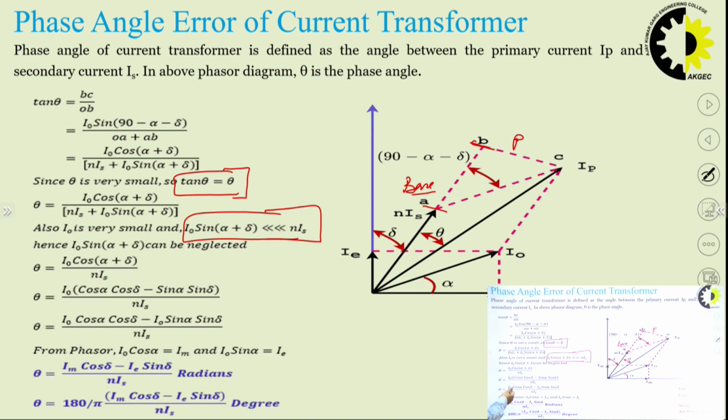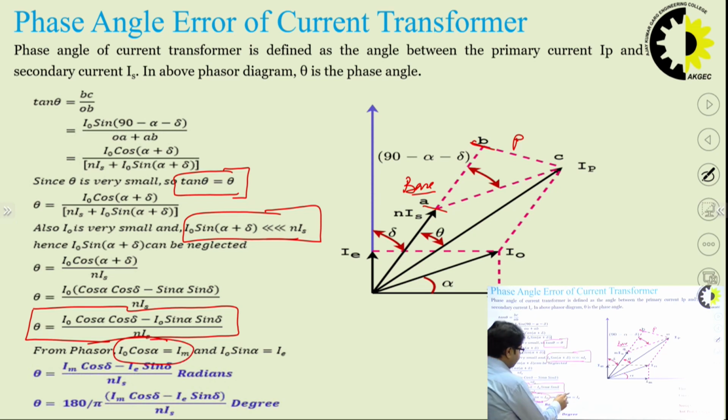Further elaborating this, if we open this expression for alpha plus delta, the expression comes to be I naught cos alpha cos delta minus I naught sin alpha sin delta. From the phasor we can find that I naught cos alpha is equal to Im and I naught sin alpha is equal to Ic.